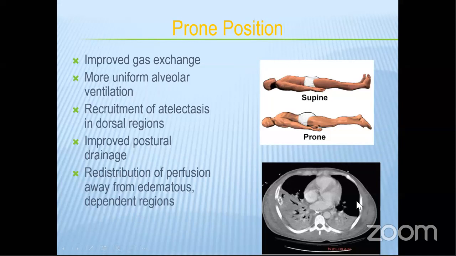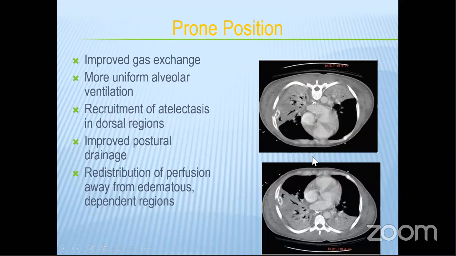Third, if we look at the cardiac shadow here, in supine position, the cardiac shadow is resting on the lung tissue. But if we prone our patients, the weight of the heart is resting on the sternum, the bony part. So this is one of the theories why patients improve oxygenation in prone position.